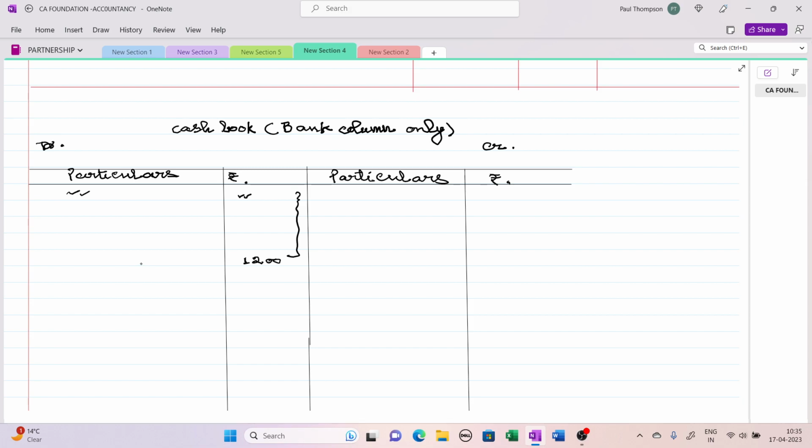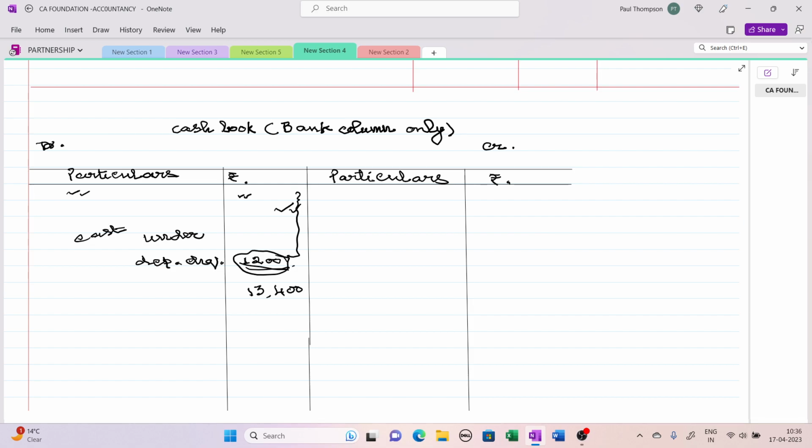I have deposited a check for 1,200 into bank. But when I was totaling, it was undercast. Undercast means I have left out this figure, so my balance will go up. My overdraft will go up.